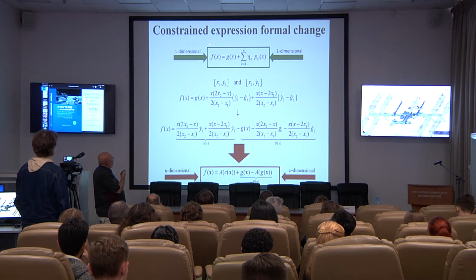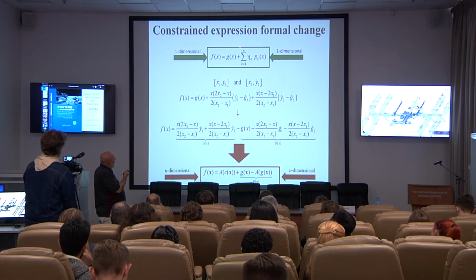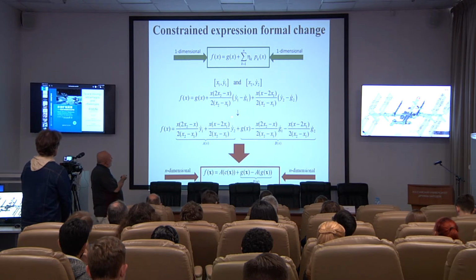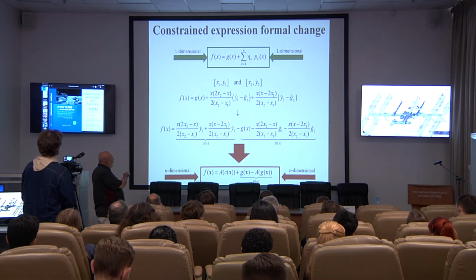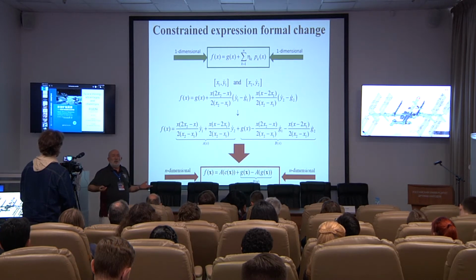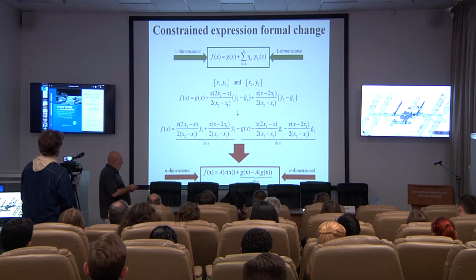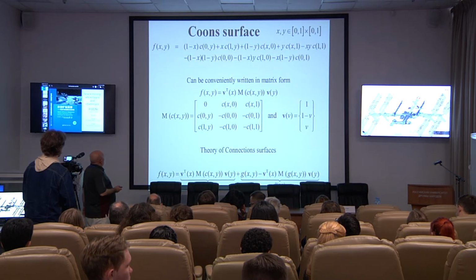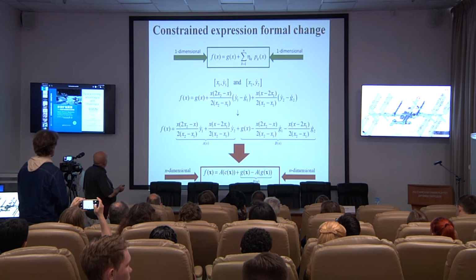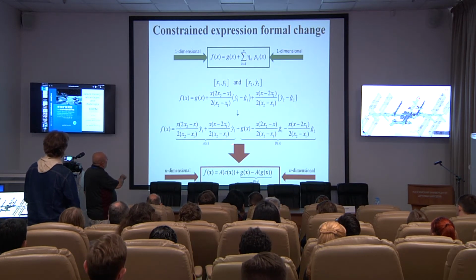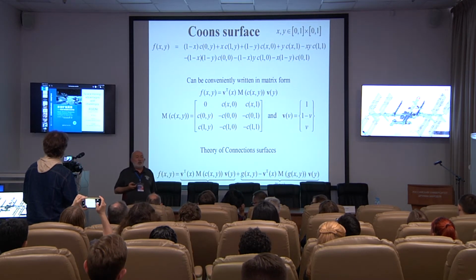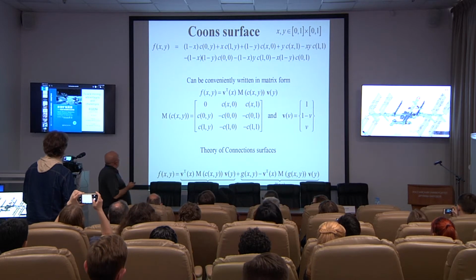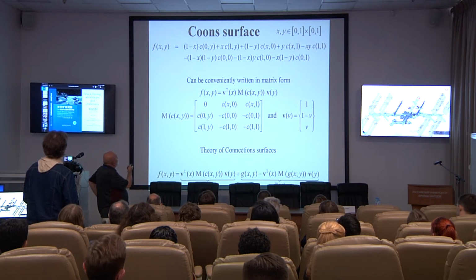At this point, you can extend the function to n dimensions. If you have the capability to find an interpolation function in n dimensions, then you are able to write down all possible manifolds that are described in n dimensions. So now the problem is how to derive an interpolating function in 2 dimensions. And this has been done by Professor Coons at MIT, who devised basically the Coons surface.